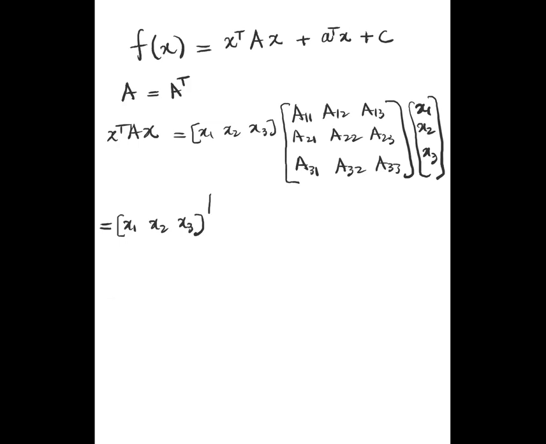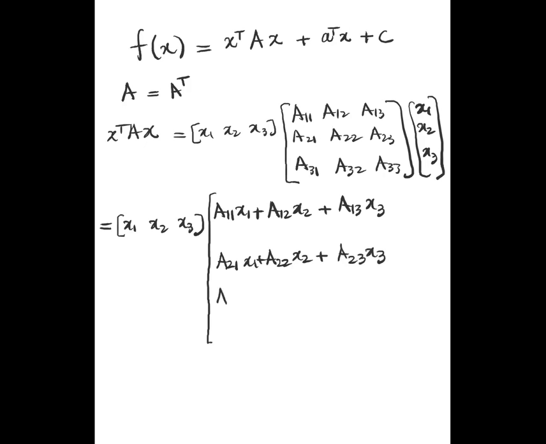And then here you have a11 x1 plus a12 x2 plus a13 x3. And then here you have a21 x1 plus a22 x2 plus a23 x3. And then here you have a31 x1 plus a32 x2 plus a33 x3.